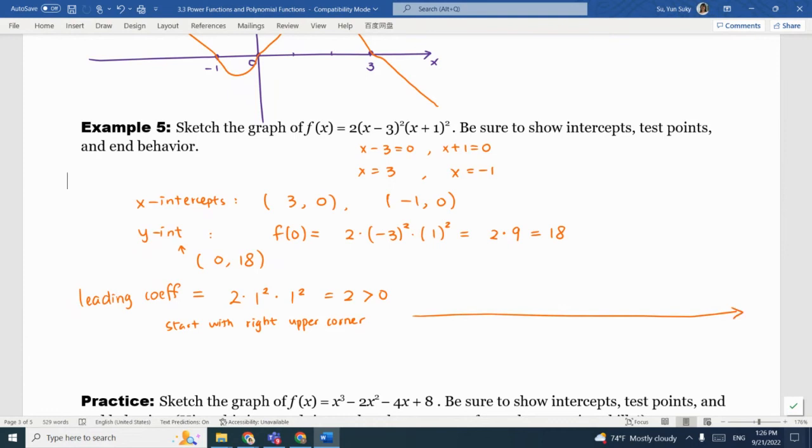Okay, we're ready to draw it. So x-intercepts 3, 0 and -1, 0. By the way, when you draw the picture, you don't need to put a lot of bars and count them. You just put a dot there and say this is 3. For example, your y-intercept 0, 18.